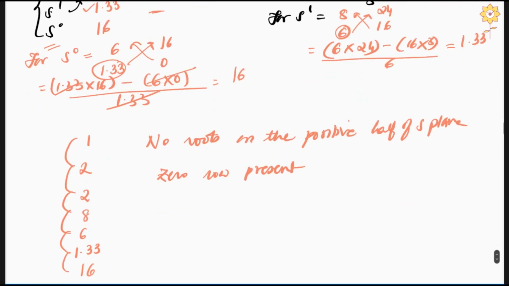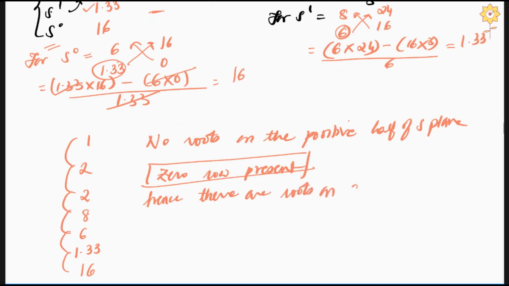So, since that was the case, since 0 row was present, hence we say that there are roots on the imaginary axis. Hence, the system is marginally stable.